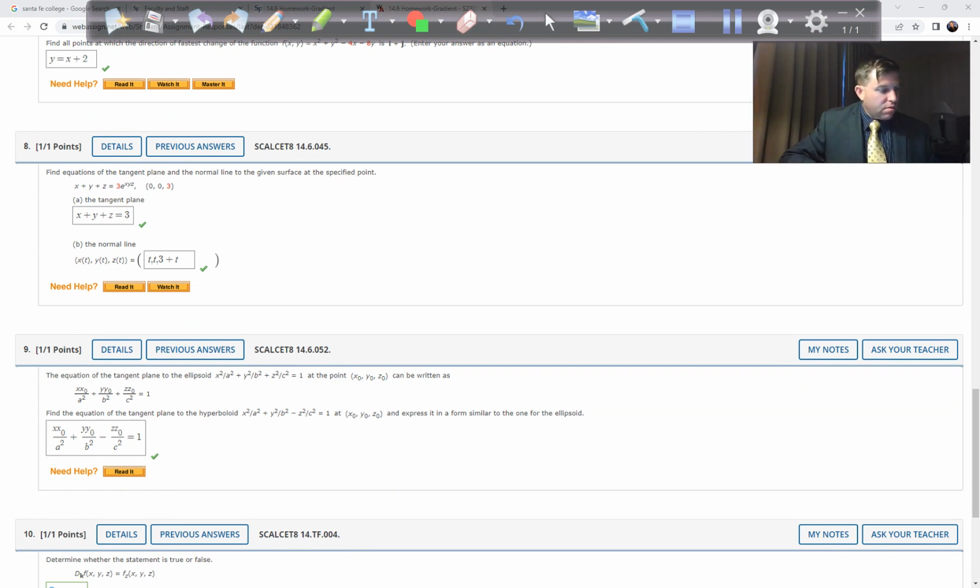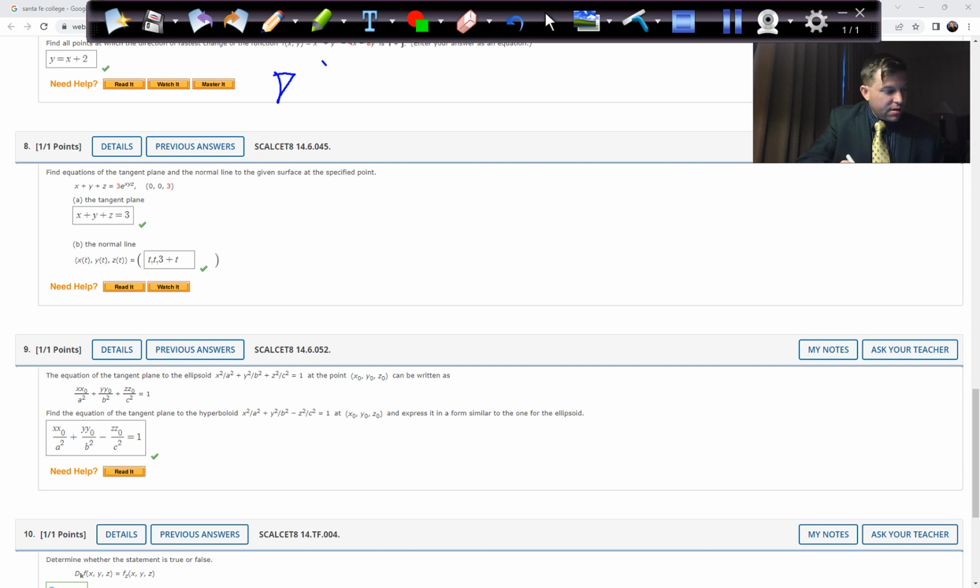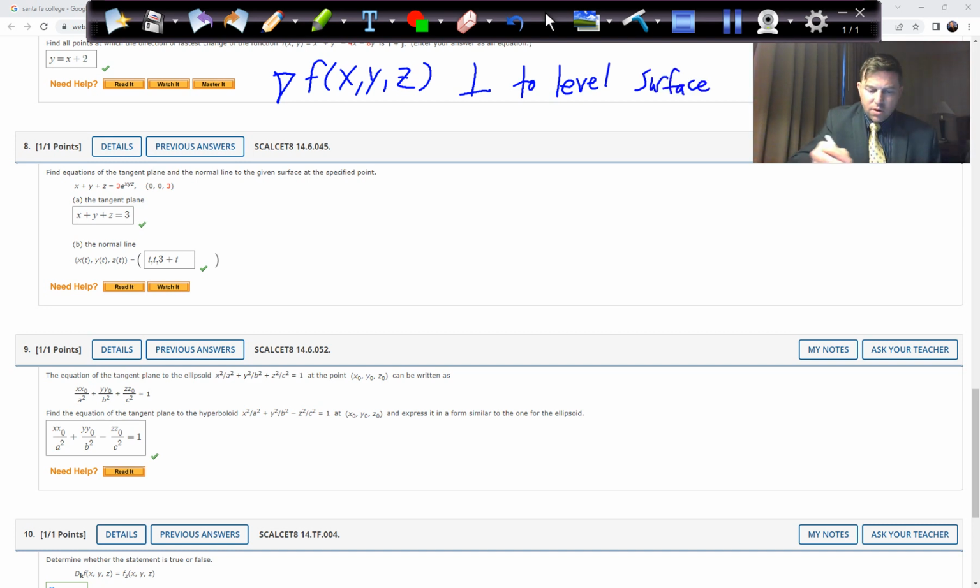So we know that the gradient of a function at x, y, or some point x, y, z, that's in 2 dimensions versus 3, is going to be perpendicular to a level surface where that level surface is defined by f of x, y, z equals some constant c. I'll typically just call it c.